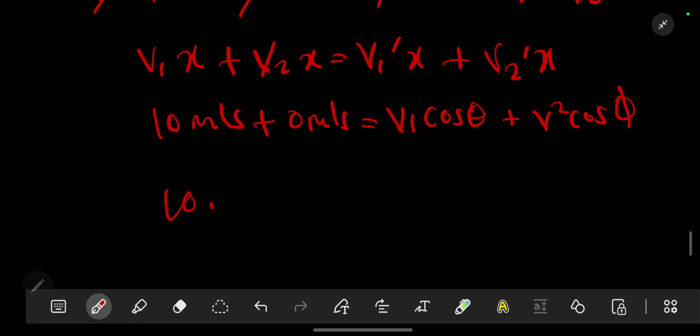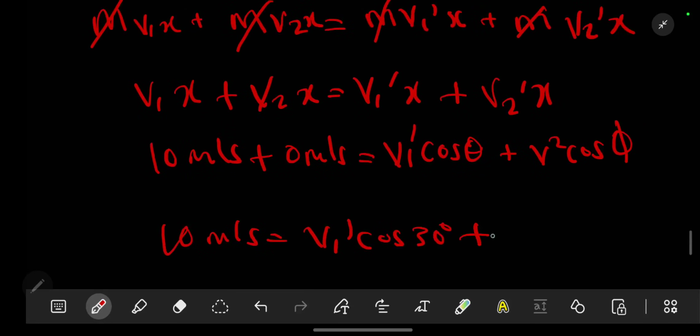So we have 10 meters per second should be equal to v1 cap cosine of the 30 degrees plus we have our v2 cap cosine of the unknown angle.